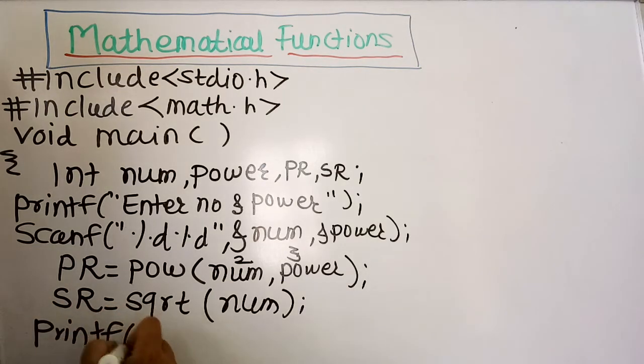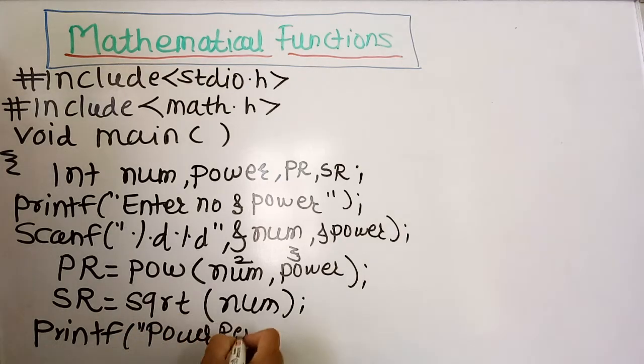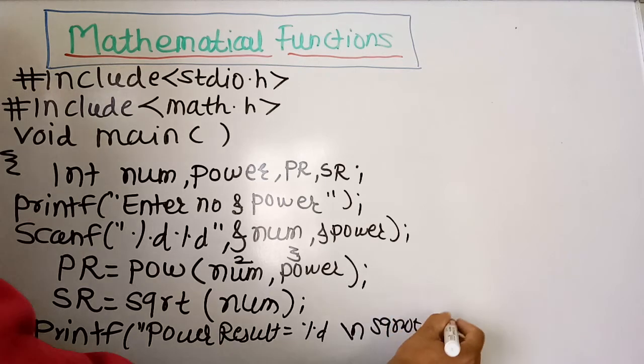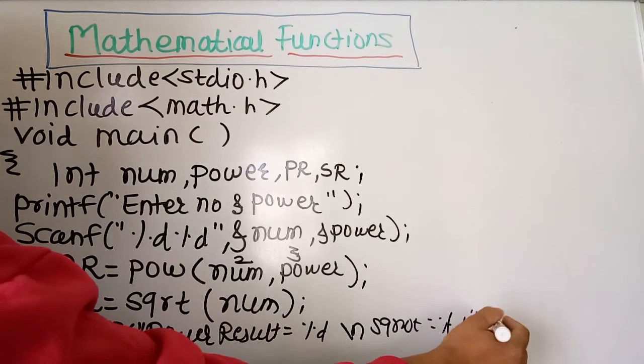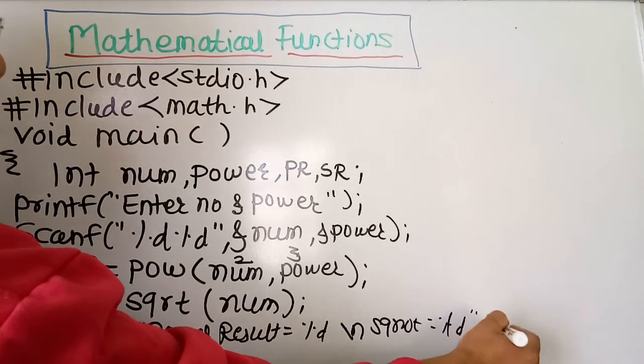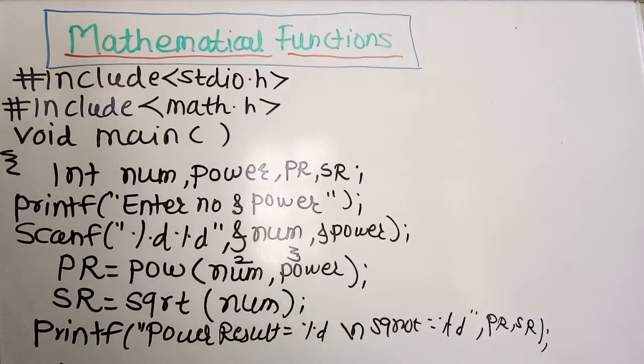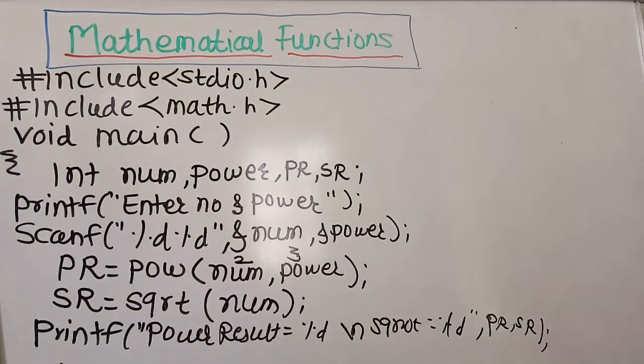Then we will write the results, that is power result equals %d, slash n, square root equals %d, and then display the variables, that is the power result and square root result, and we are completing here the main section.